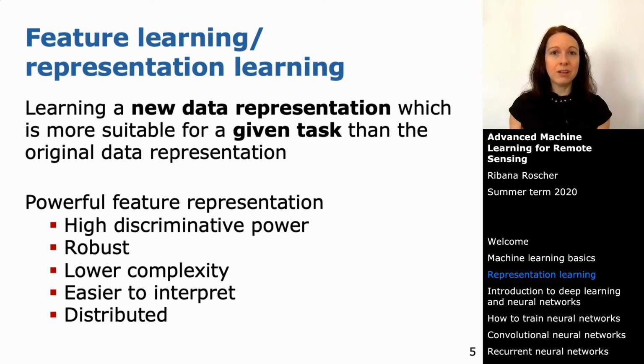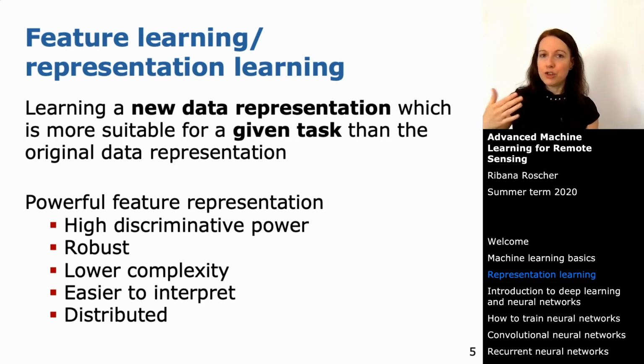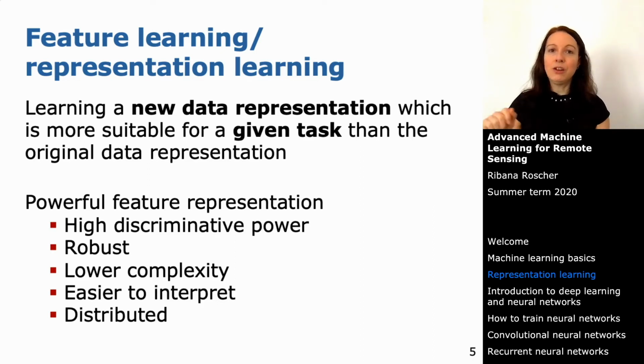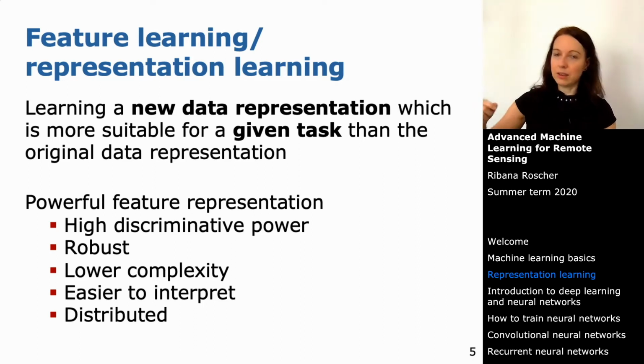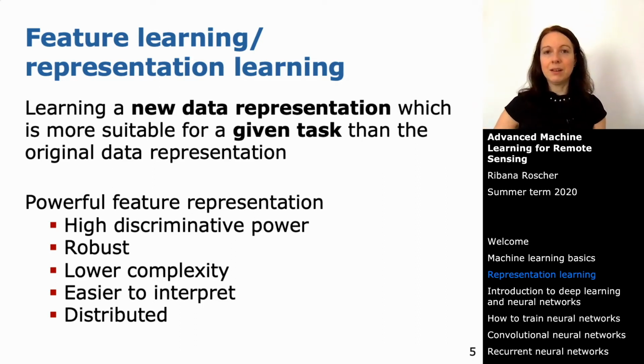You want to distinguish between your classes, and of course you want your feature representation to handle this in an easy way. Robust, here I mean when you change the input data a bit, you also want your new feature representation to change a bit. It's not that you change a little bit in your input data and then you change the feature representation a lot.